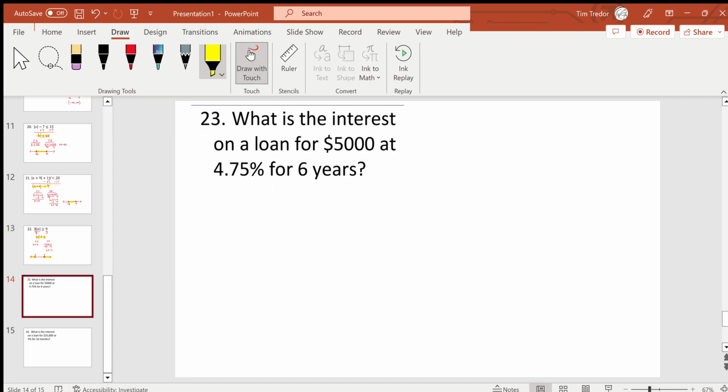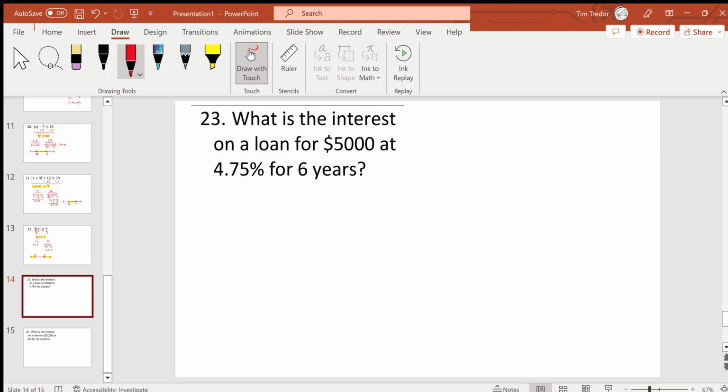All right, number 23. What is the interest on a loan for $5,000 at 4.75% for 6 years? Well, we're going to need our calculator for this. It's just going to make life a little bit easier. And we'll also need a formula.